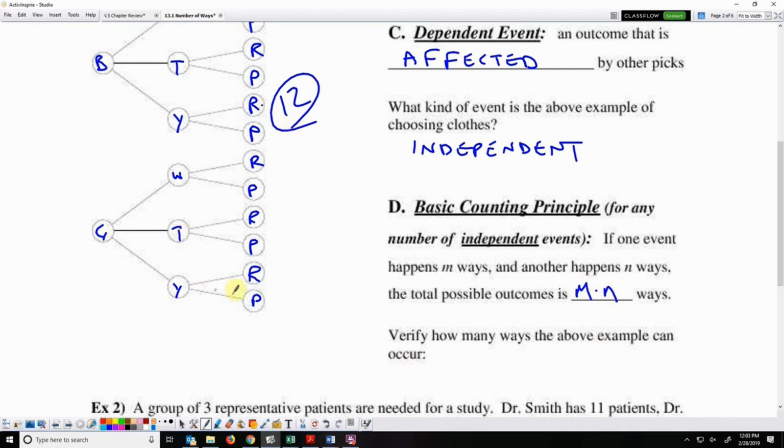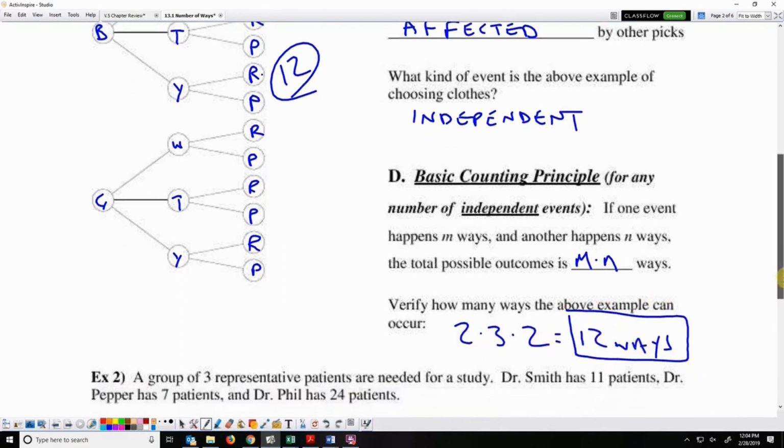So in this example over here, there were 2 pairs of pants and 3 shirts and 2 ties, and 2 times 3 is 6, times 2 is 12 different ways that the outfit could have been chosen. Okay, so instead of drawing a tree diagram every time, we can multiply the number of choices from each category.